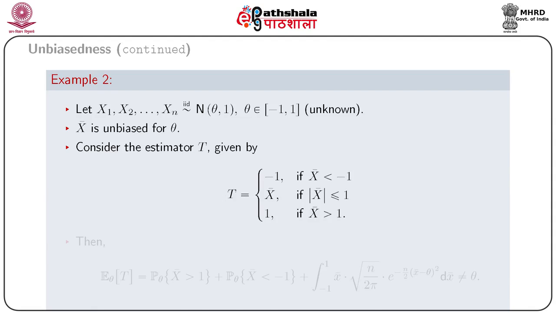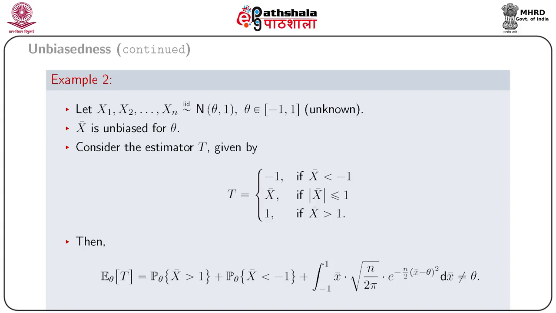Consider the following estimator T of theta such that T equals minus 1 if X bar is less than minus 1, equals X bar if modulus of X bar is less than or equal to 1, and equals 1 if X bar is greater than 1.